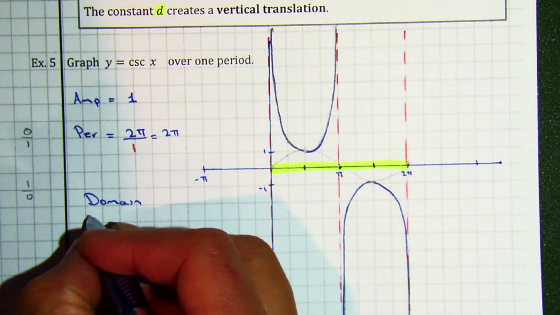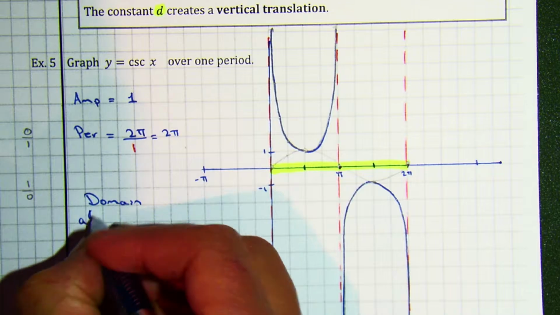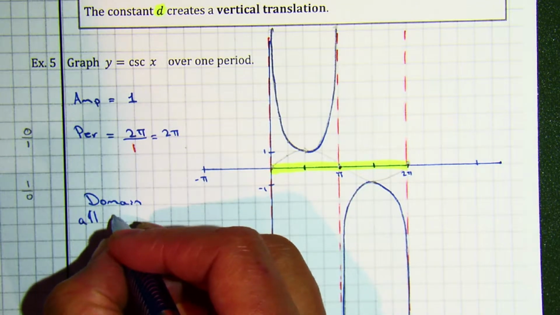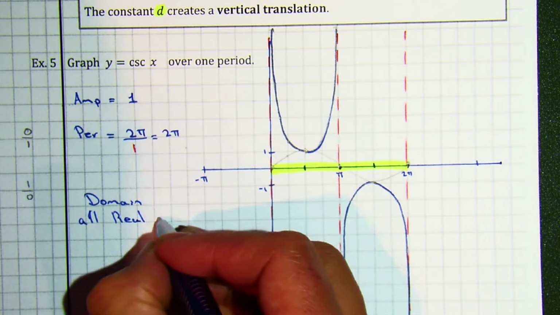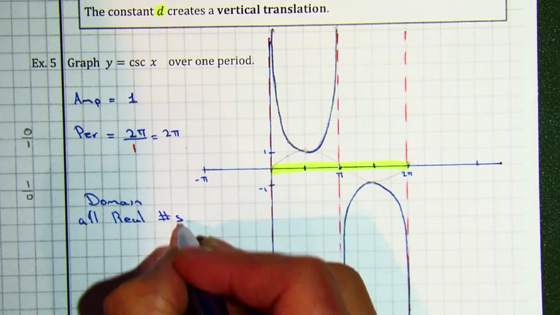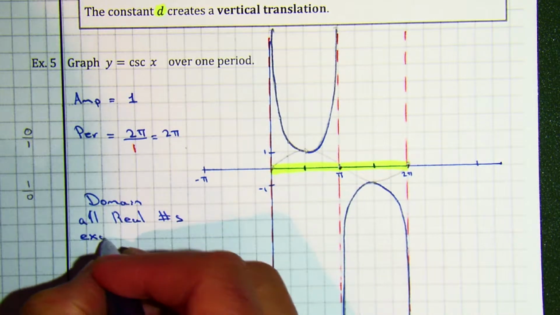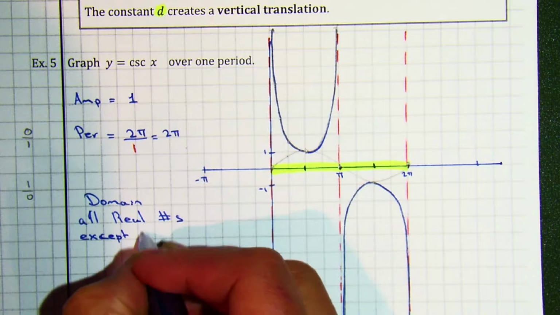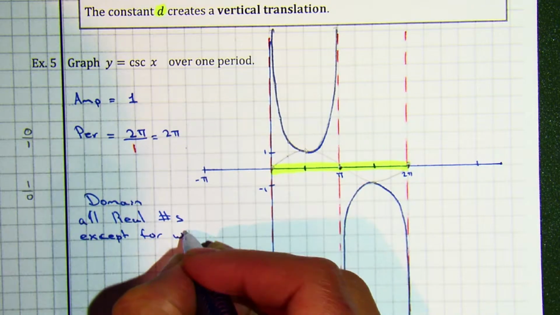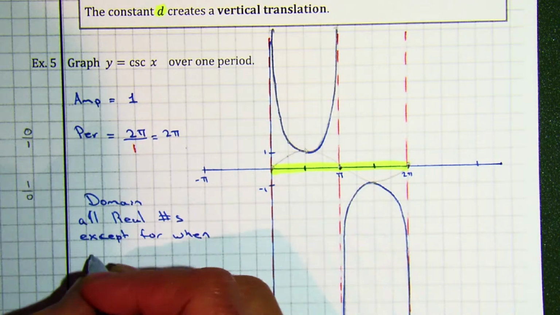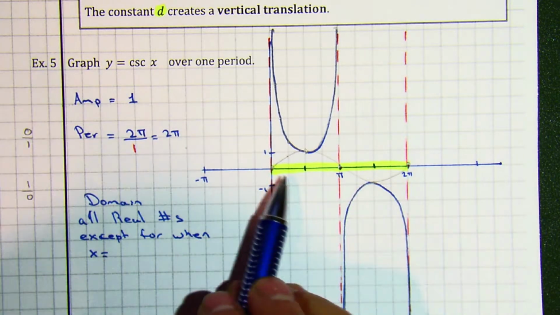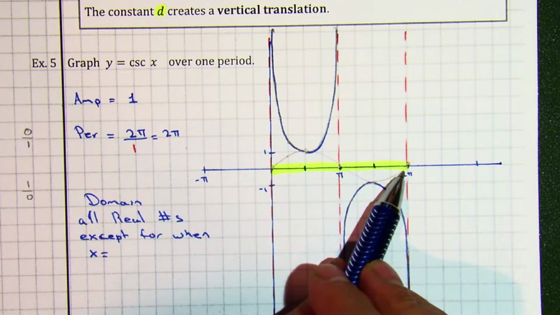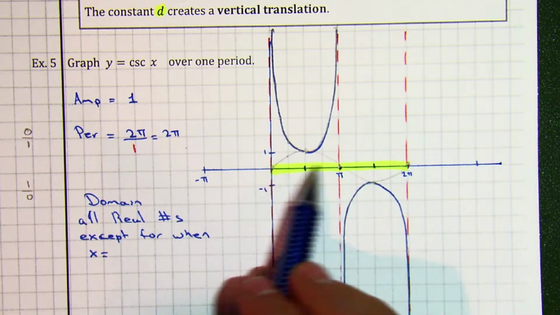Your domain will be all real numbers, except for when x. I need to be able to find out how often those asymptotes repeat. We know that it repeats every pi.